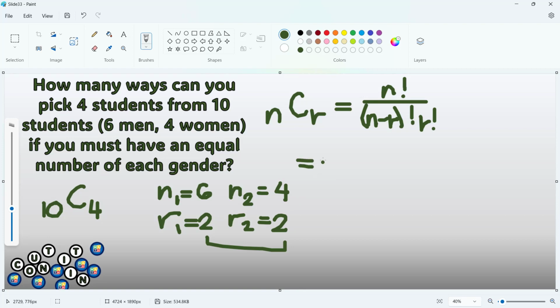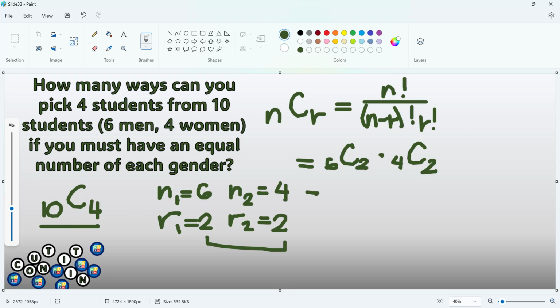For the first, you have 6 taken 2. This is for the men, but you're going to multiply that by 4 taken 2 for women. Take note that this notation and this notation here are very different and they will yield different results, because this is more specified than this. We will be having the difference of their answers later.